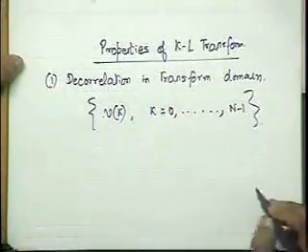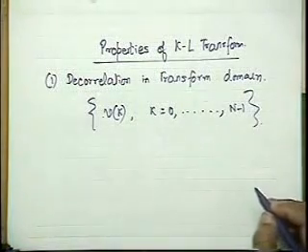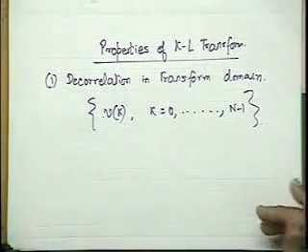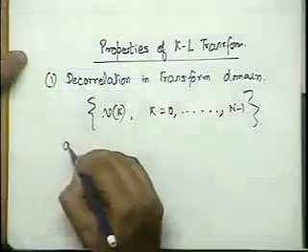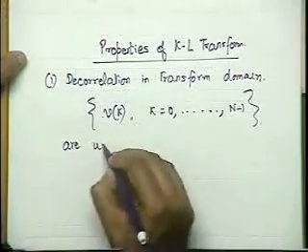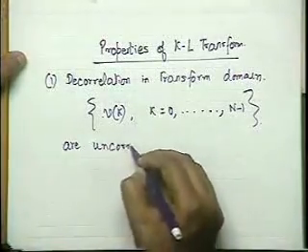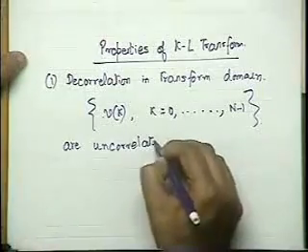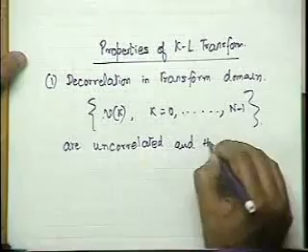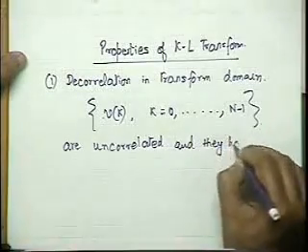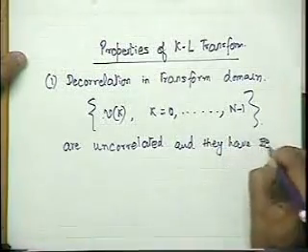So this set represents the transform vector. And the decorrelation property says that these Vk's are uncorrelated and they have a zero mean.